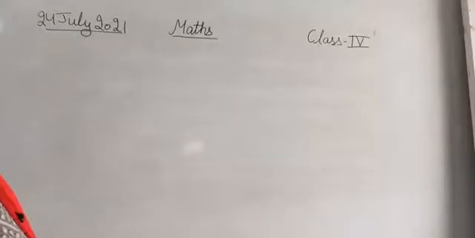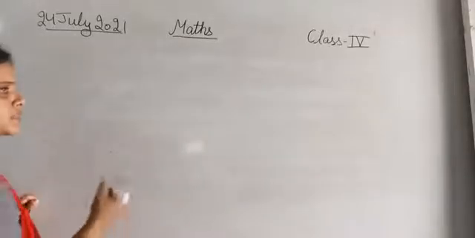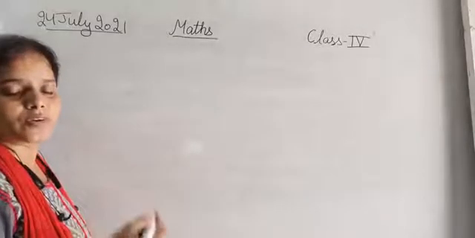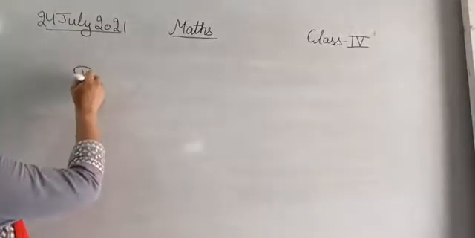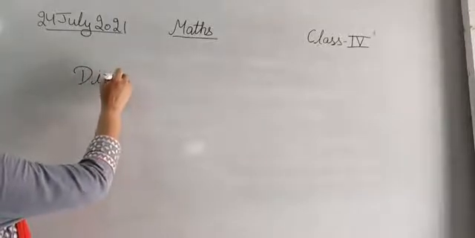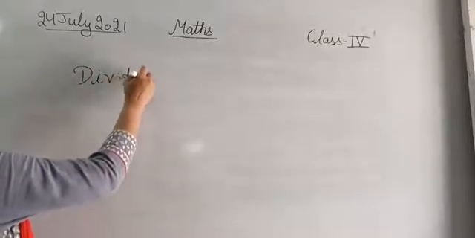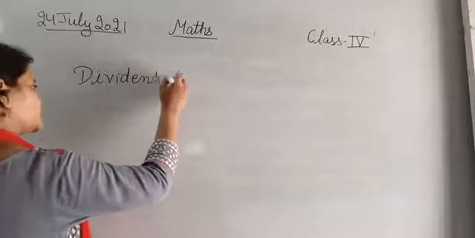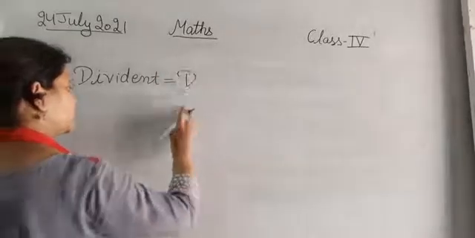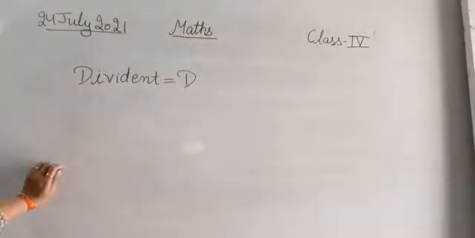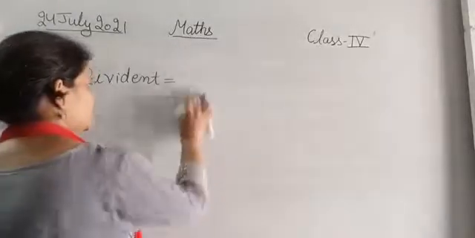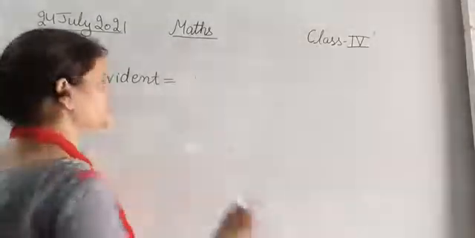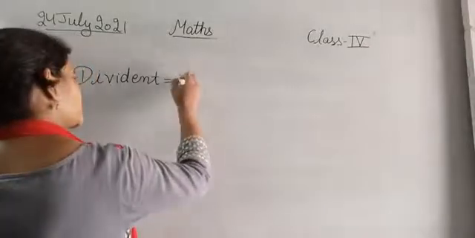These 4 terms, dividend, divisor, quotient and remainder, are all related to each other.